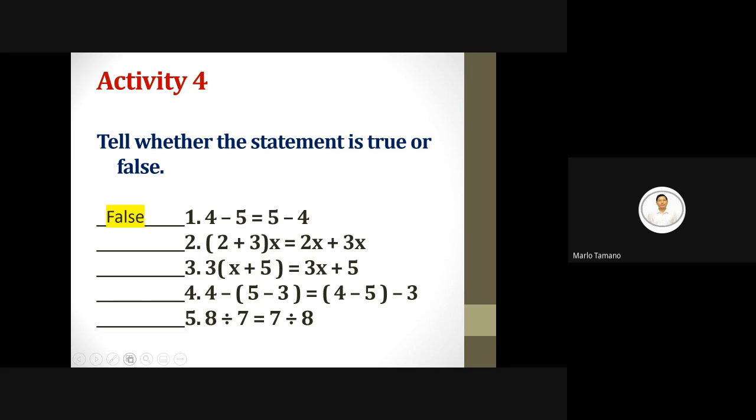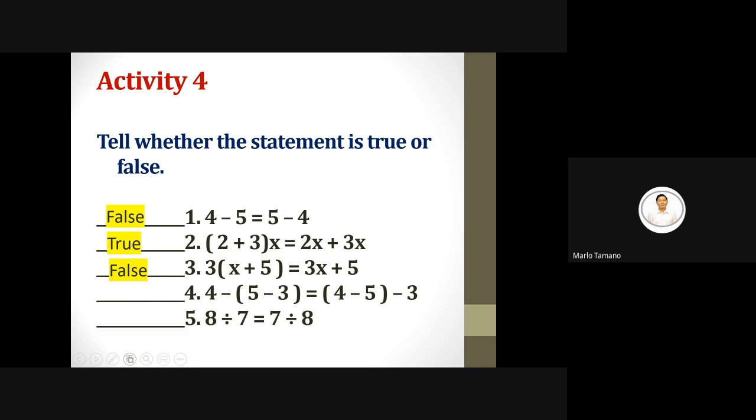So distributive property, so x times 2 is 2x, so x times 3 is 3x. What do you think? Is it true? Yes, true. Number 3. So 3 times x is 3x, 3 times 5 is 15. Is it 5? That is incorrect, so false.